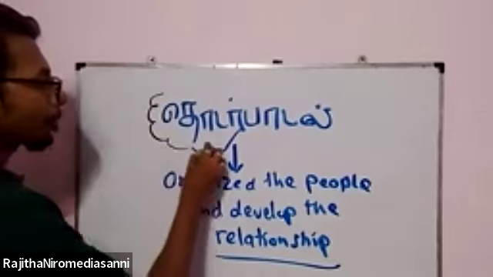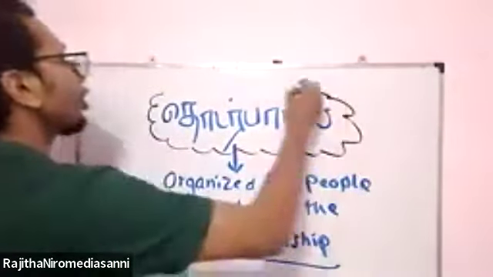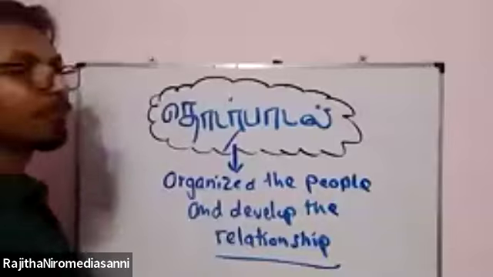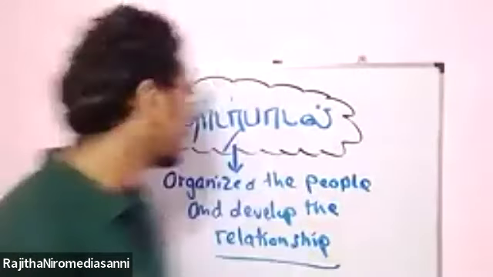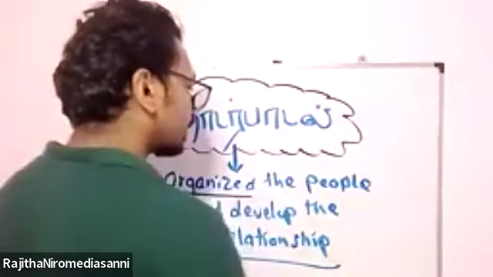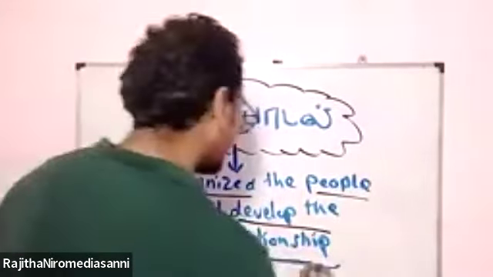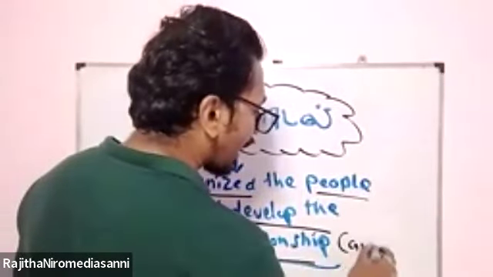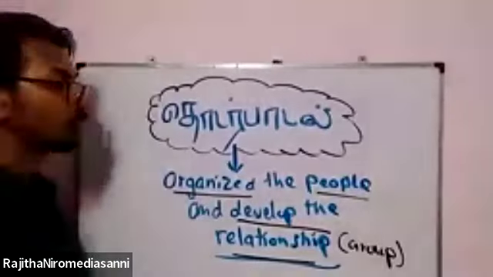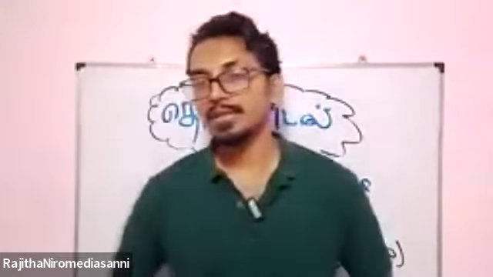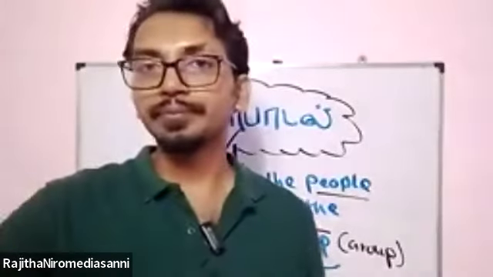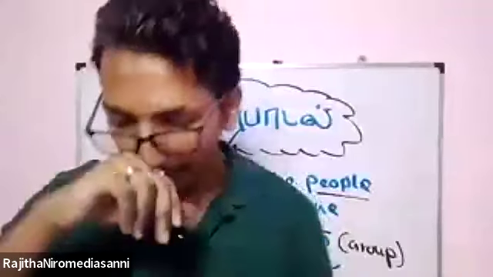The total model means one thing: organize the people or develop the relationship, which means group activities. We can do that. That's the word, right?